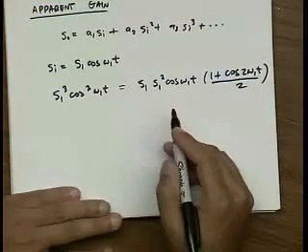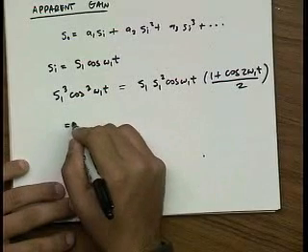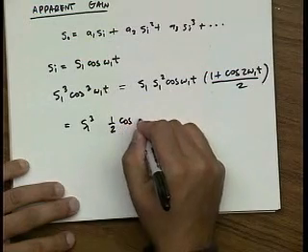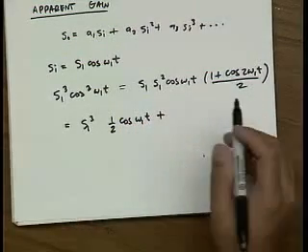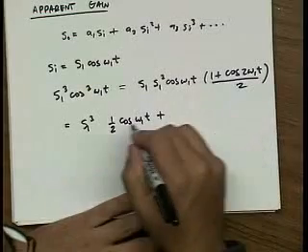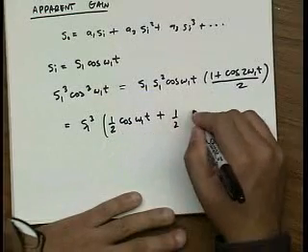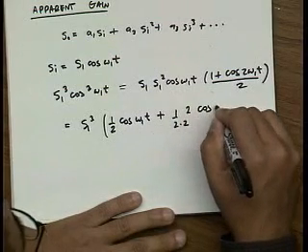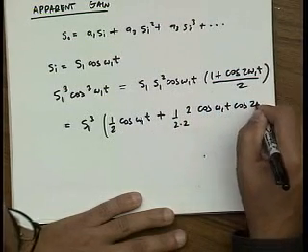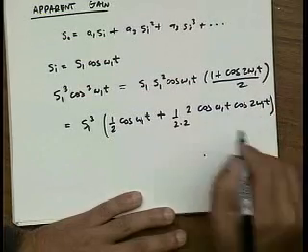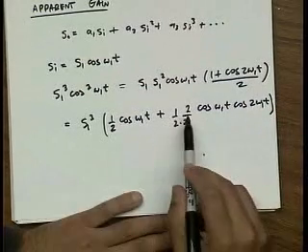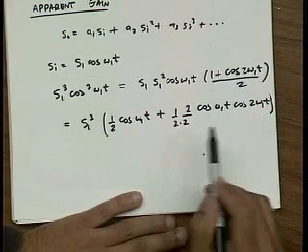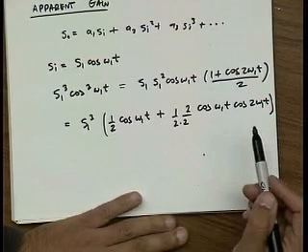And now if I multiply this all out, I get S1 cubed 1/2 cosine omega 1t plus, I can write this as 1/2 divided by 2 multiplied by 2 cosine omega 1t cosine 2 omega 1t. And I know that 2 cosine alpha cosine beta is cosine alpha plus beta plus cosine alpha minus beta.